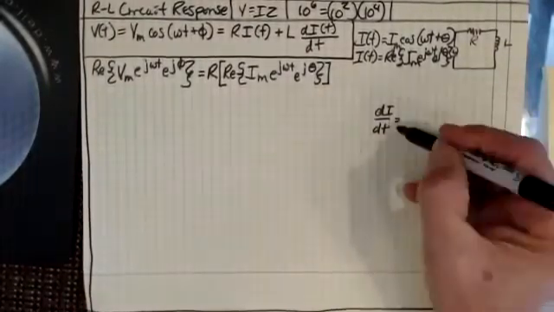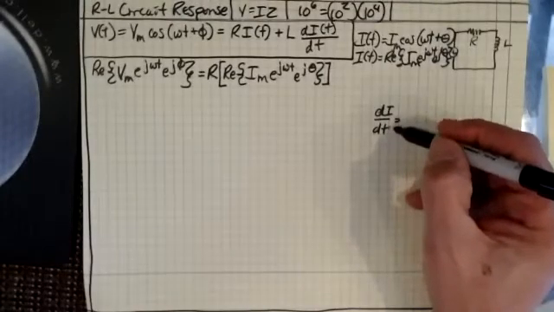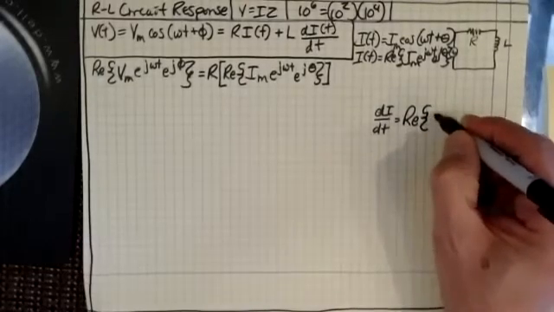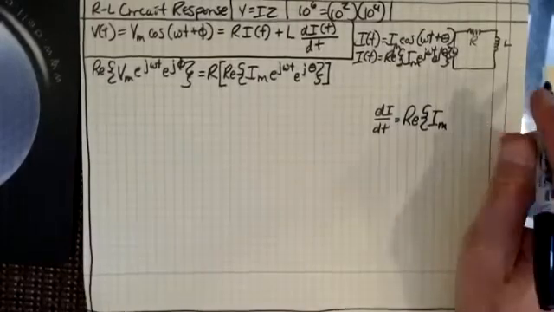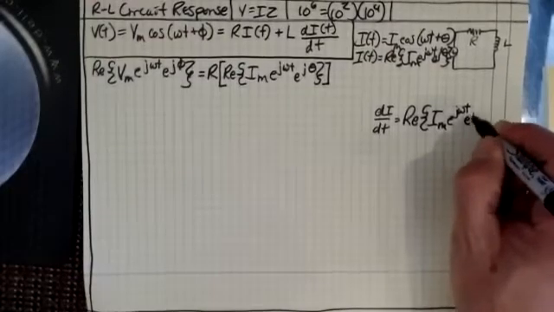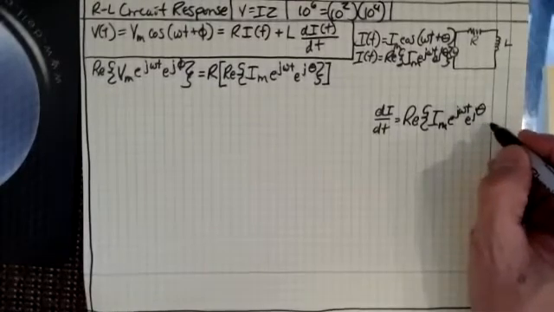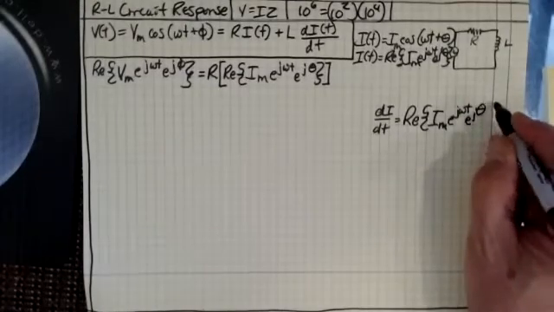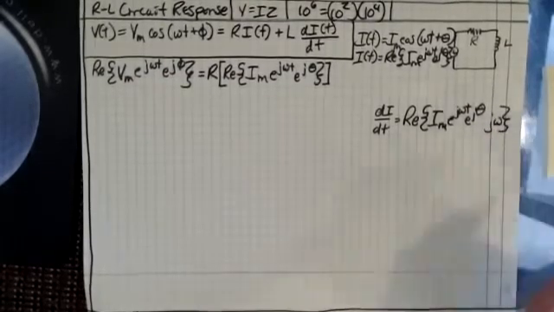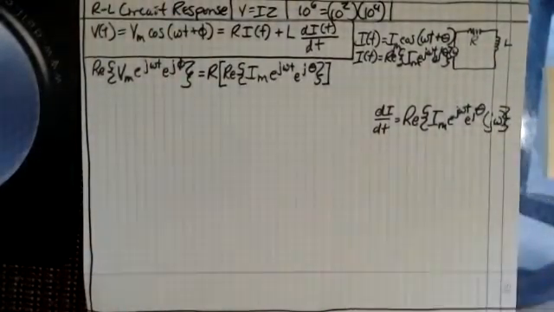All right, so let's go to the derivative with respect to t, and that would be equal to the real I max, right? e to the j omega t e to the j theta, and then what else would we have? Wouldn't we have j omega? Now, why did I put j omega? I'll put parentheses around that. Why did I put j omega in there?